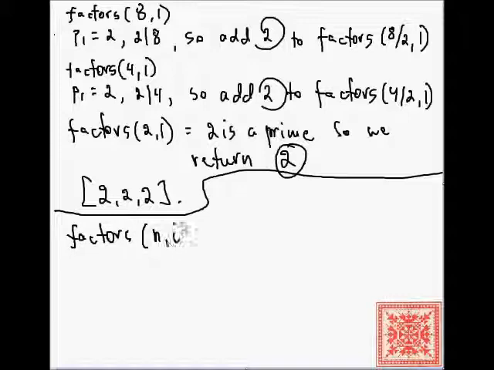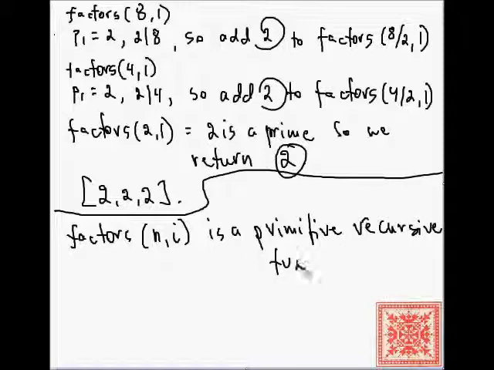So now we have the factors. Just to state the obvious, yes, the factors of n and i that we covered in the previous screencast is a primitive recursive function, and we can easily show it.